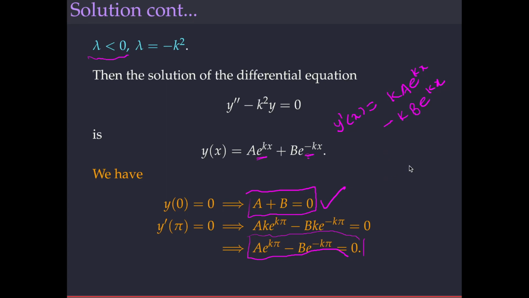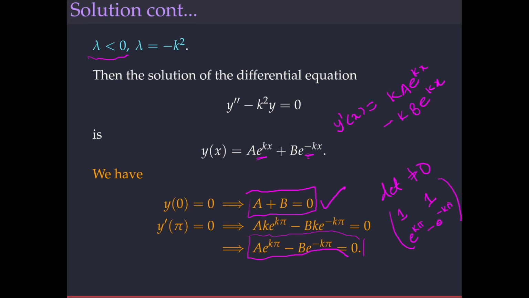This is a system of linear equations and it is homogeneous. So I will find the determinant of the coefficient matrix. The coefficient matrix has rows 1, 1, and e to the power k pi, minus e to the power minus k pi.